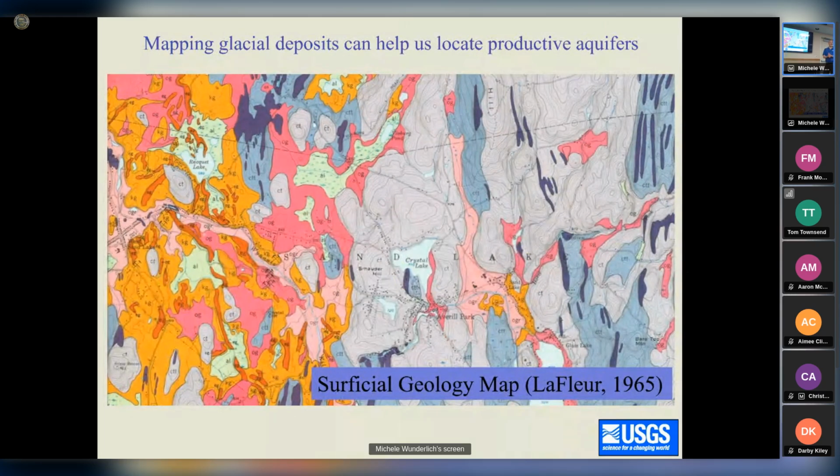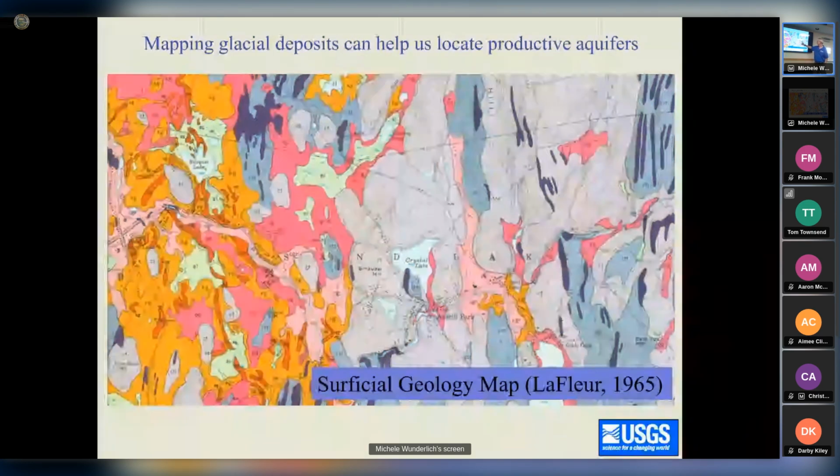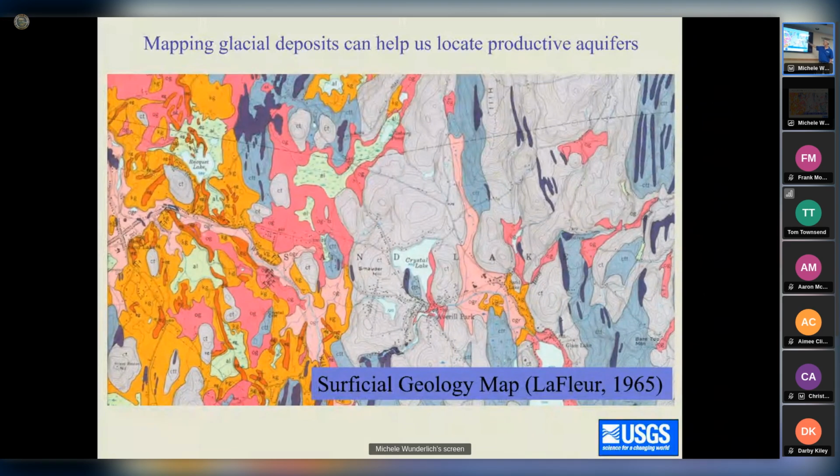So after the ice retreats, we're left with glacial deposits at land surface, cover most of land surface. And this is just an example from near where I live. And the blues and the light purple and light pink are all relatively, mostly glacial till, fairly impermeable.